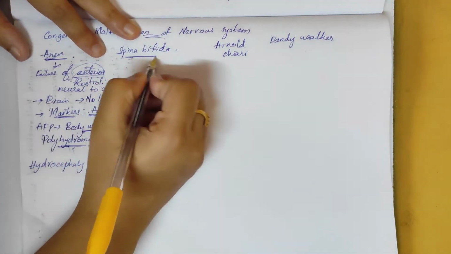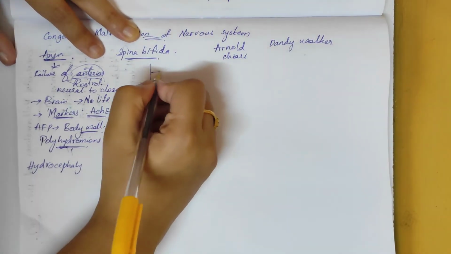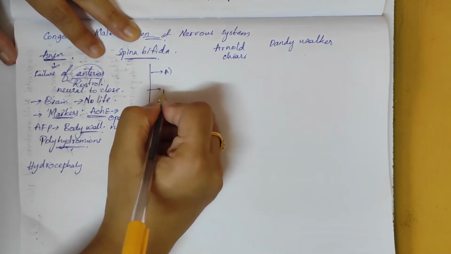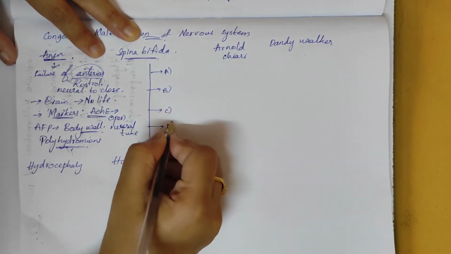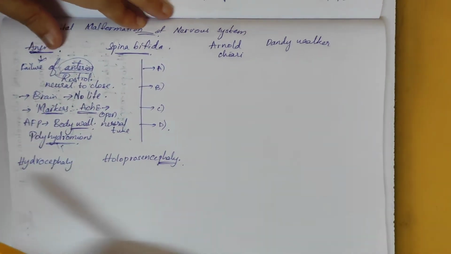And next, spina bifida. This actually has 4 types. We'll classify them A, B, C, D. What are these?